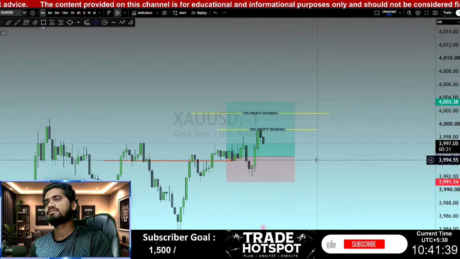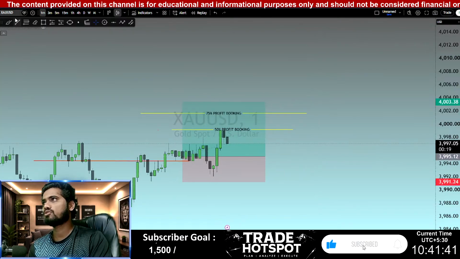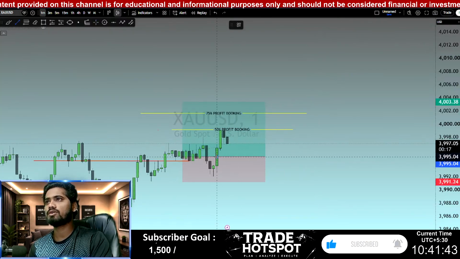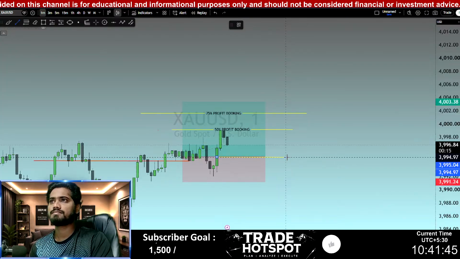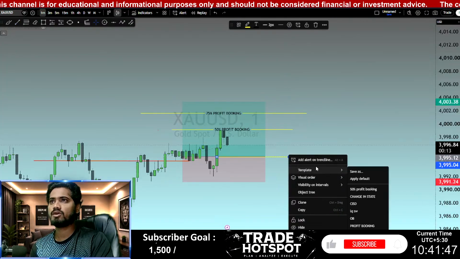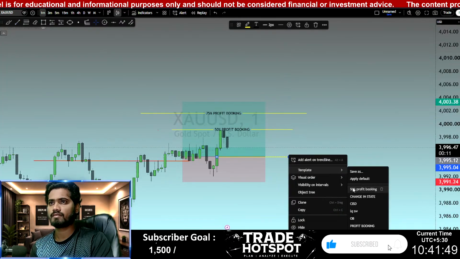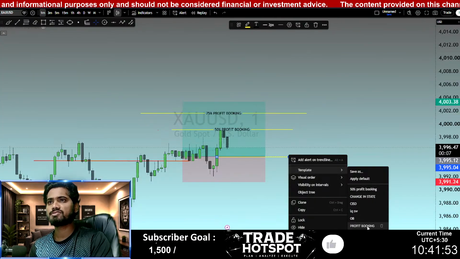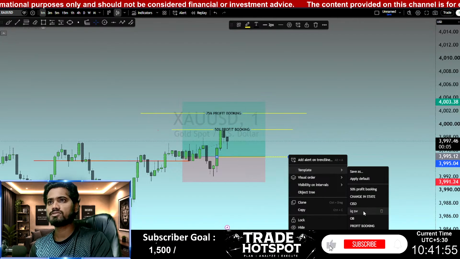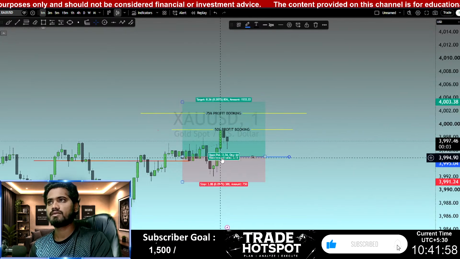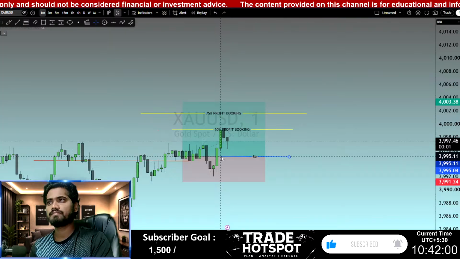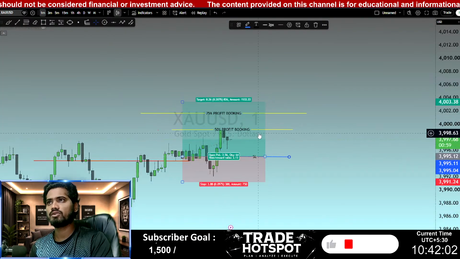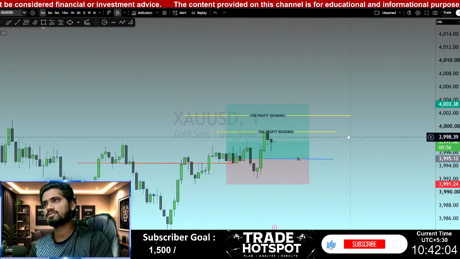Your stop loss should now be at your cost, so you are not losing in this trade. You're not losing your money in this trade right now, because your SL is at your cost, and you already booked your 50% profit in this trade.